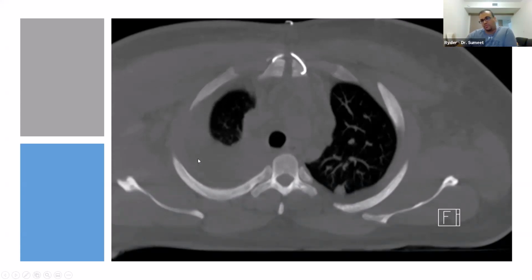And as you go down further in the cuts, you actually see it disappear, as if it was coming in, so that led us to believe it was more of an extrapleural hematoma as opposed to intrapleural, where we'd expect it to layer more and go all the way down to the bases in this patient.